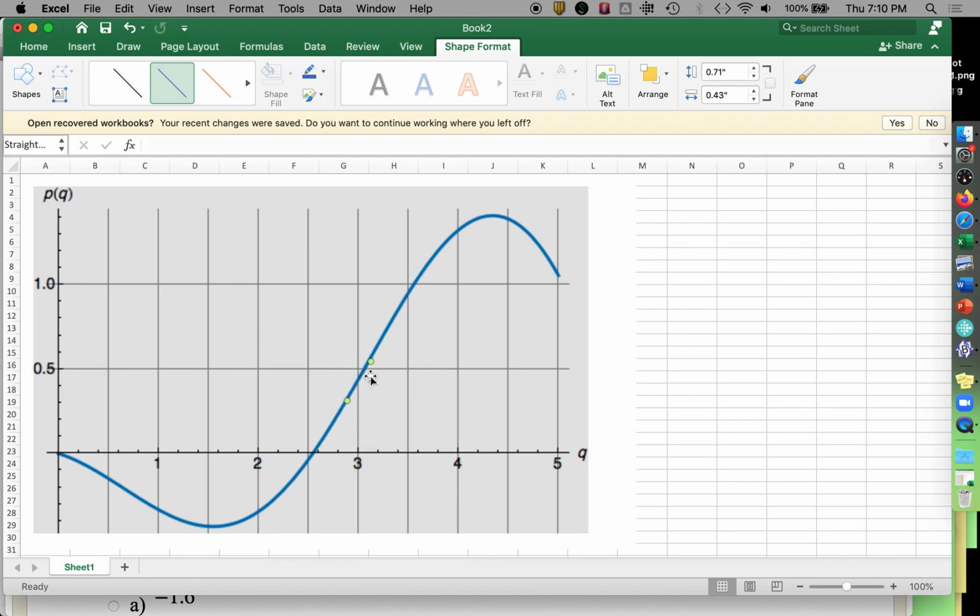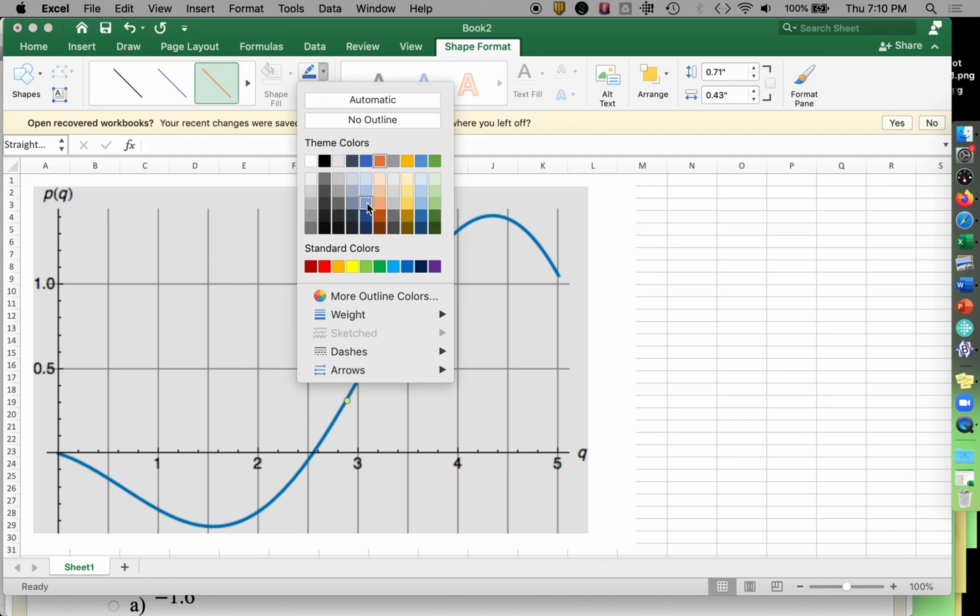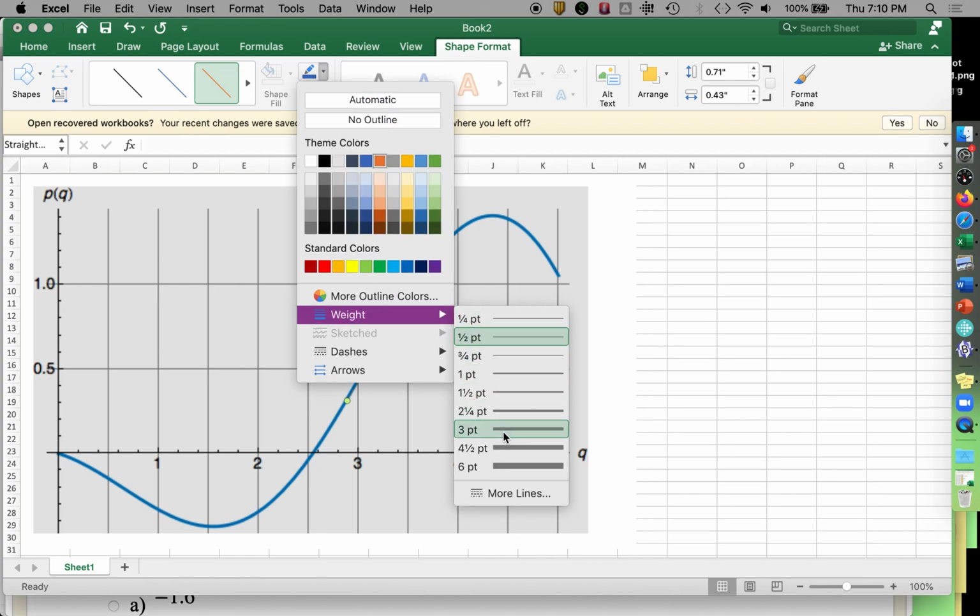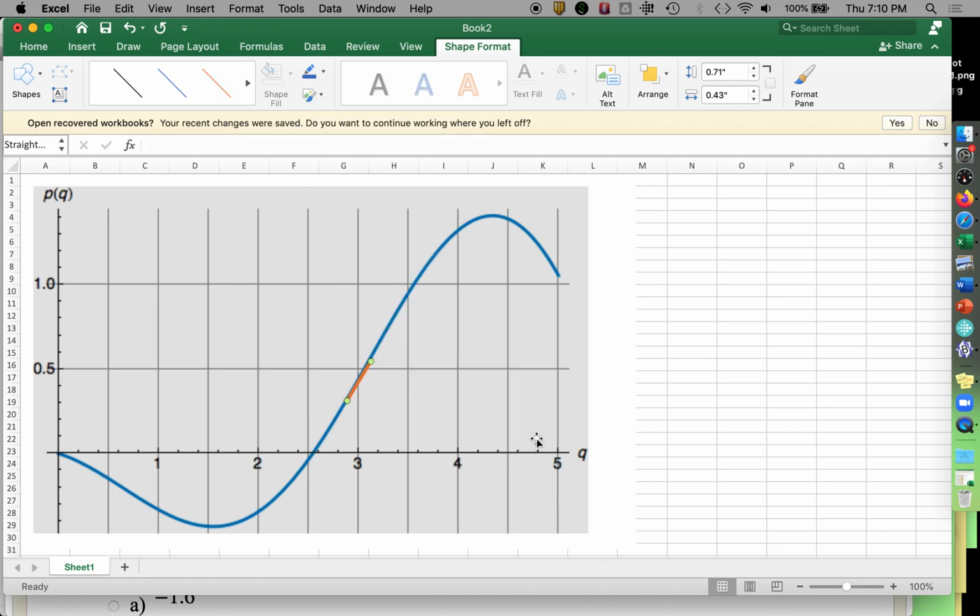And then I just want to extend it. Let me make it a more interesting color and a heavier weight so you can see it better. I'm just trying to approximate the function right there at q equals 3, and then I'm going to extend that line as much as I can without messing with its slope.